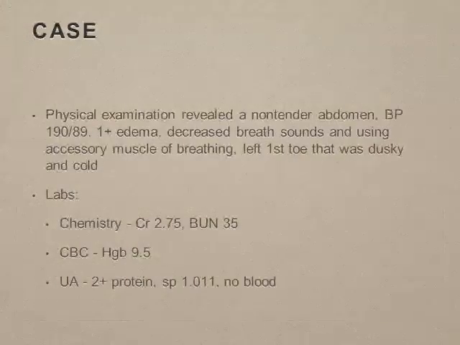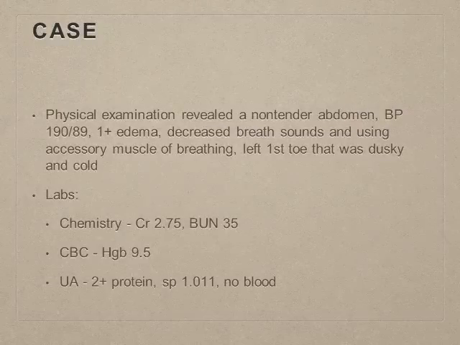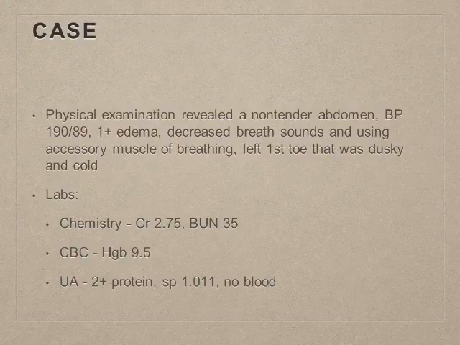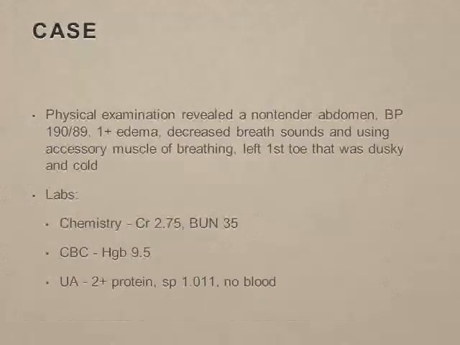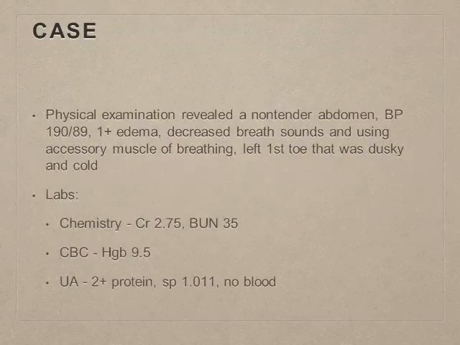So her laboratory values, the numbers I have on here are really the only thing that's abnormal. Remember, her baseline creatinine is 2.2. Her creatinine upon presentation was 2.75. Now, this is acute kidney injury according to the standard of 0.3 above her baseline. Her BUN was 35, so was her nausea and vomiting associated with possible uremia?